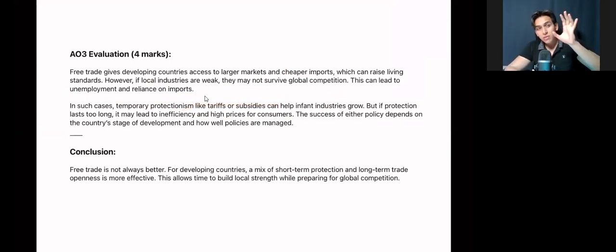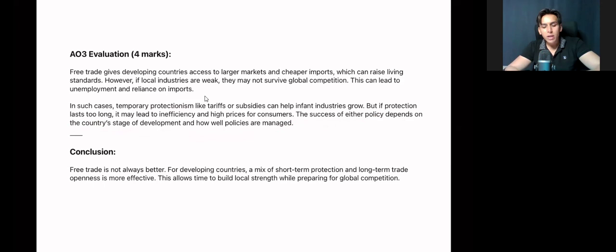But if protection lasts too long, it may lead to inefficiency and higher prices for consumers. The success of either policy depends on the country's stage of development and how well policies are managed. So, in conclusion, free trade is not always better for developing countries. A mix of short-term and long-term approaches, like protectionism and free trade, should be followed at the same time, so that this allows them to build local strength while preparing for global competition.